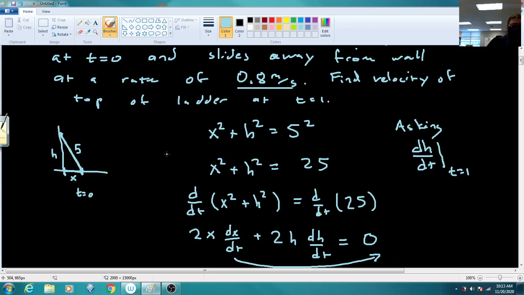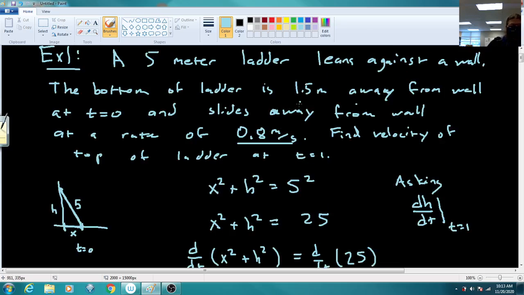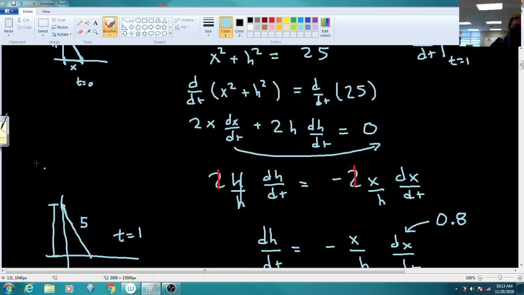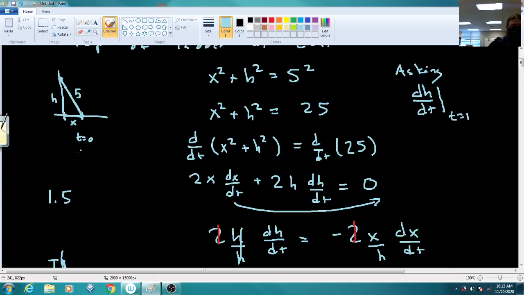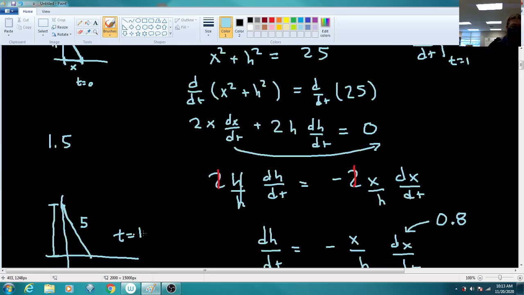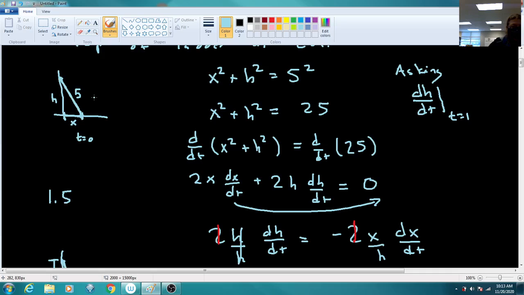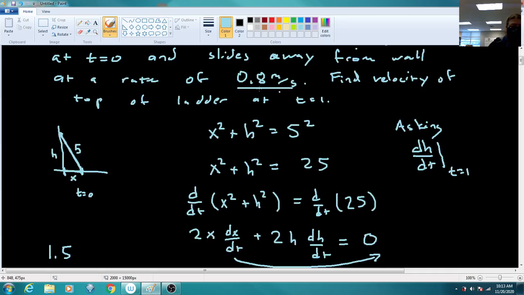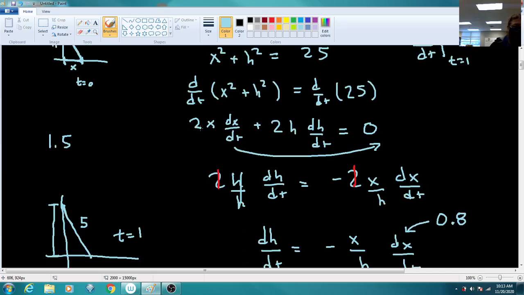So the x length, they told us at time equals 0, the x length is 1.5 meters away from the wall. So it's 1.5 meters to get started. That's at time equals 0. If the ladder slips away at 0.8 meters per second, and time equals 1, that's 1 second after time equals 0, the ladder will have slipped 0.8 meters away.